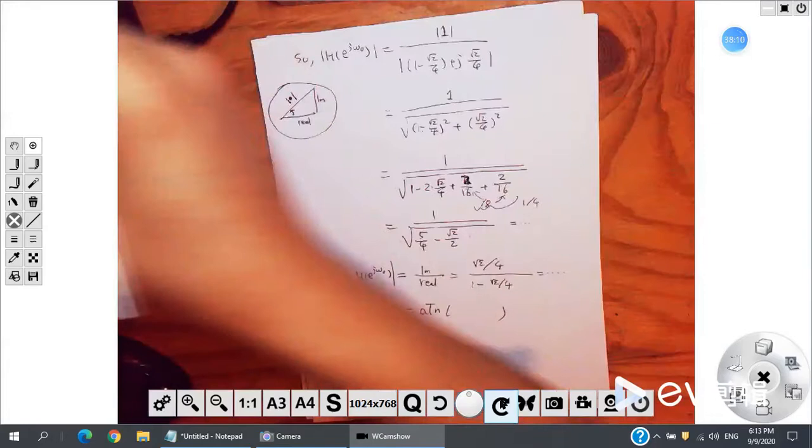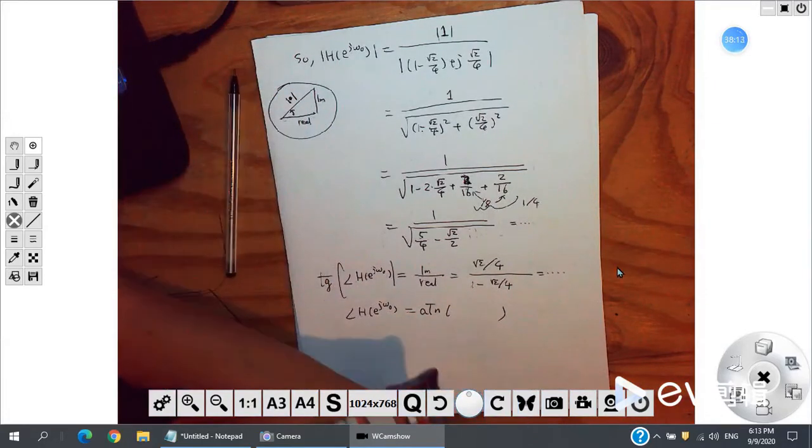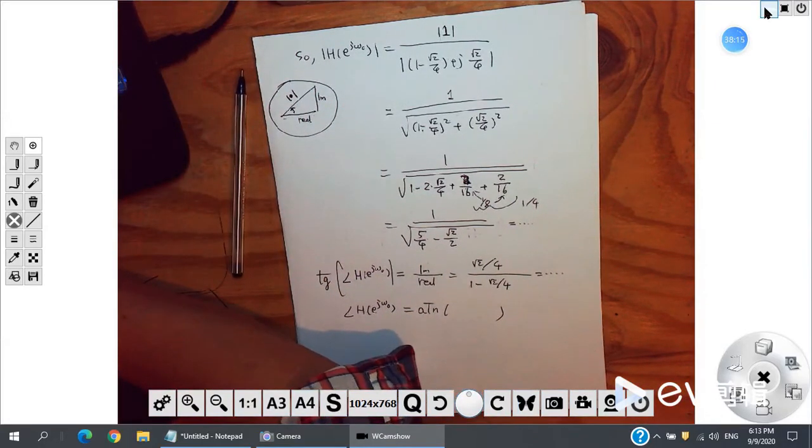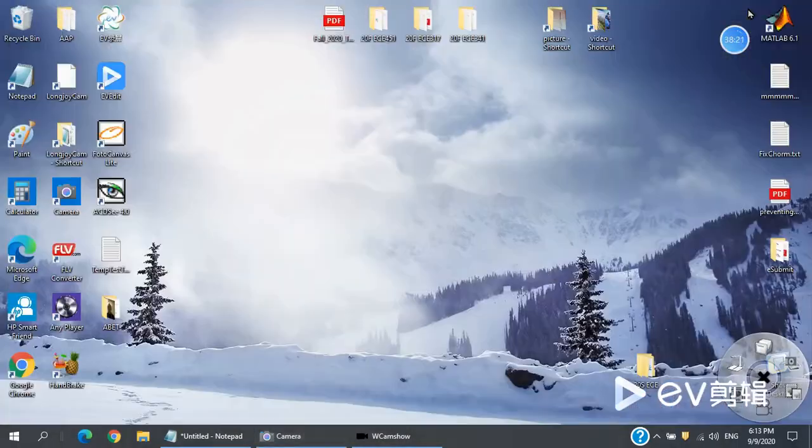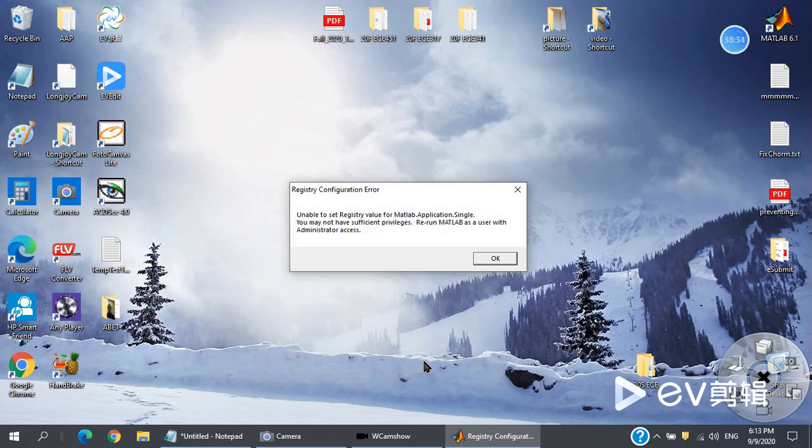Let's go to MATLAB. If you have a calculator, you can also calculate it.